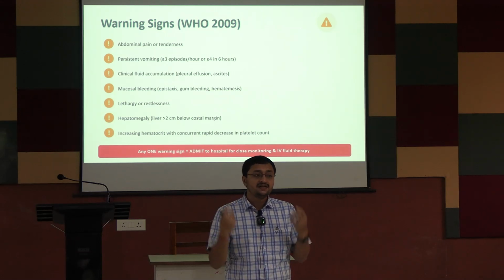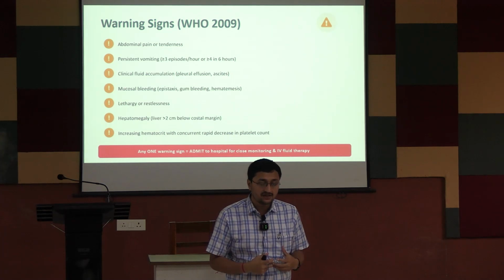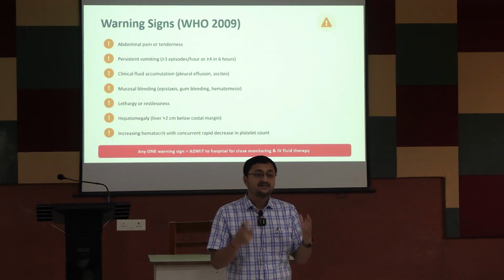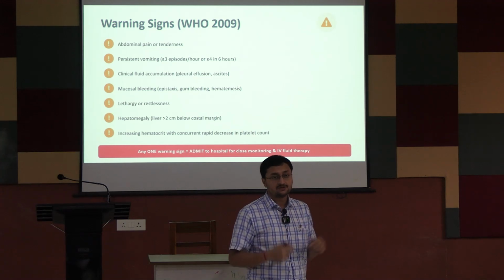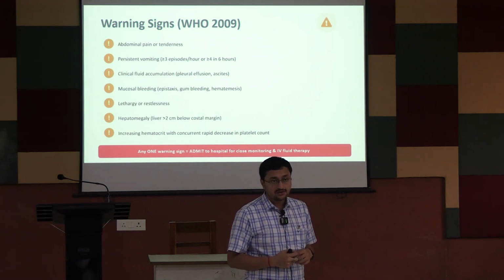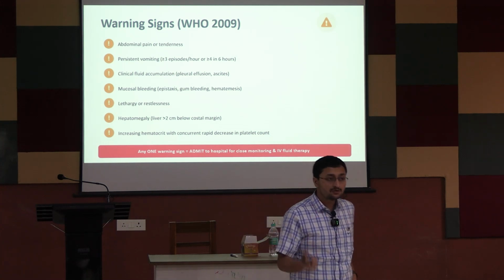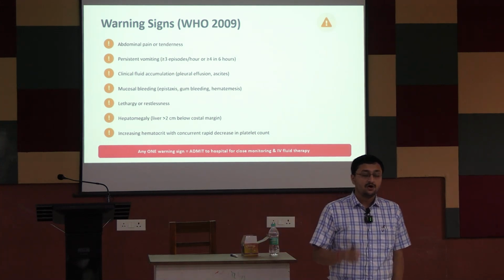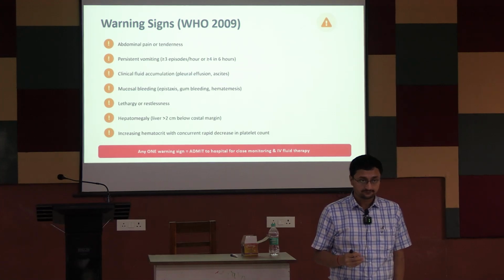Or any bleeding manifestations, or the patient is lethargic or unconscious, or the patient is having hepatomegaly, that means more than 2 cm liver span below the costal margin. Or in laboratory findings, if the hematocrit is rising, or the patient is having ongoing severe thrombocytopenia.